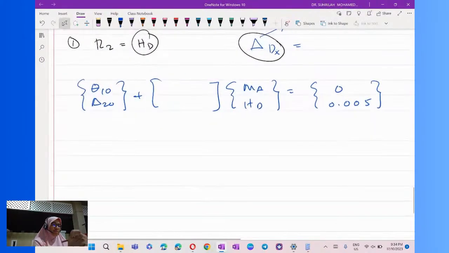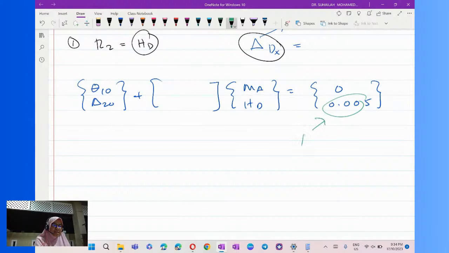So this one is delta. Okay, horizontal displacement. It moves horizontally. Location is at D. Okay, the value is 0.05.